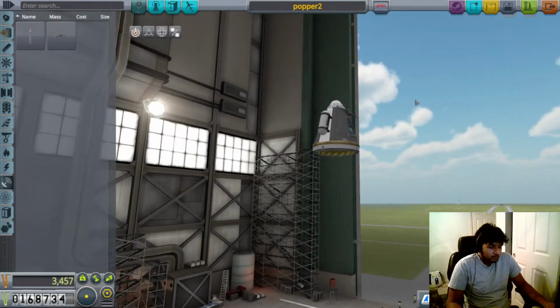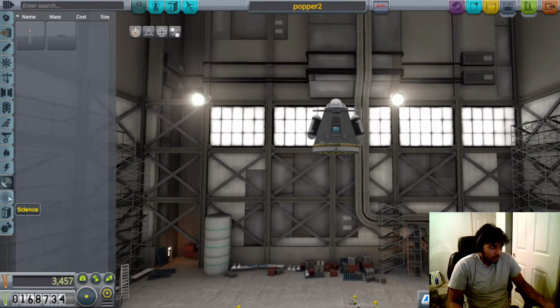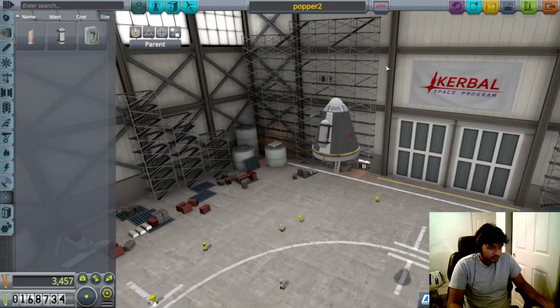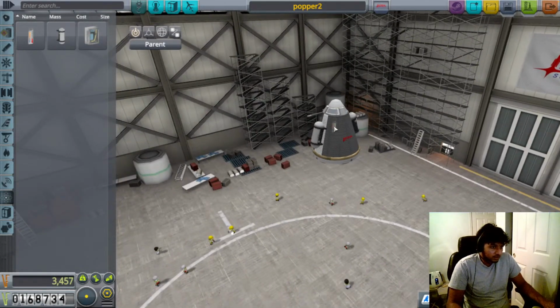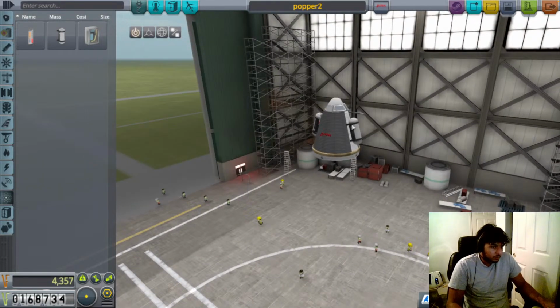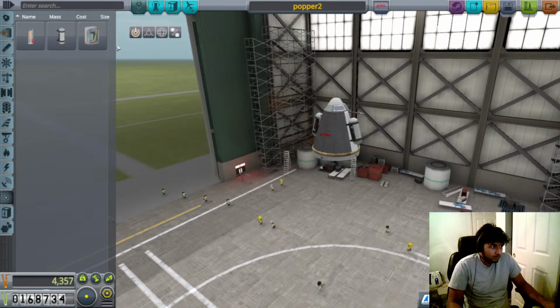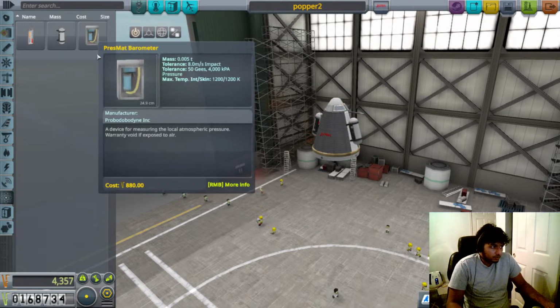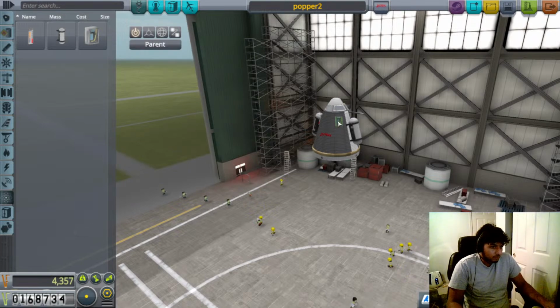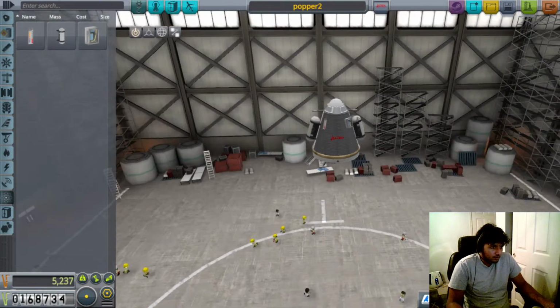Now we can communicate to our people. There's some new science here, and a thermostat back here as well as a thermometer. Okay.